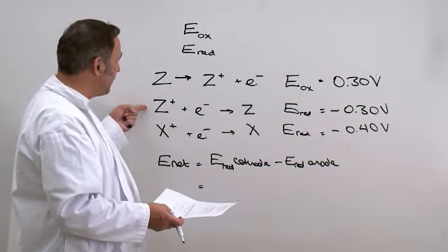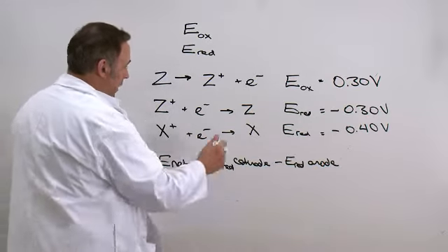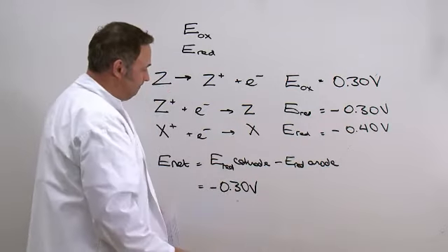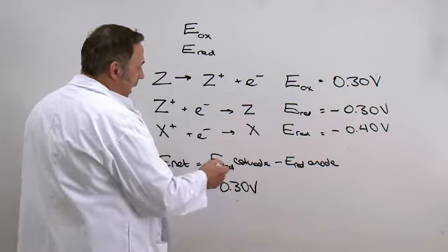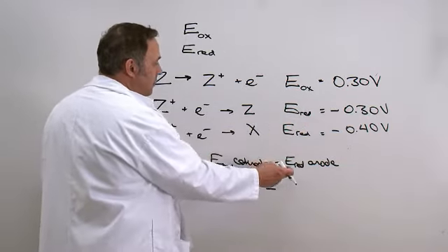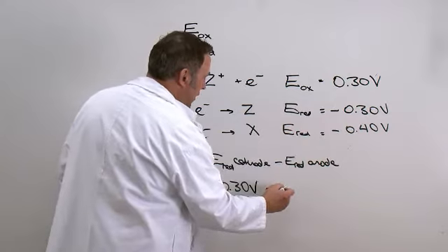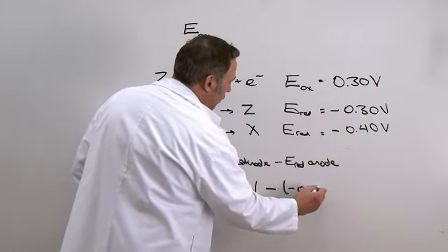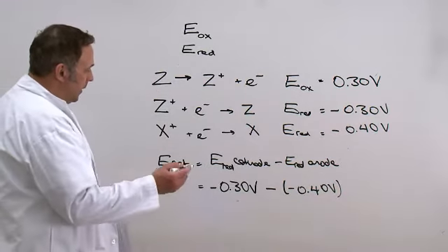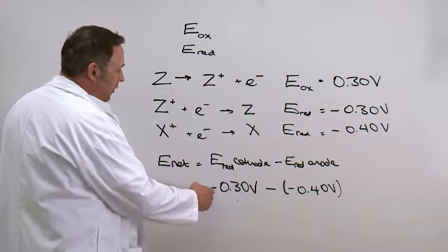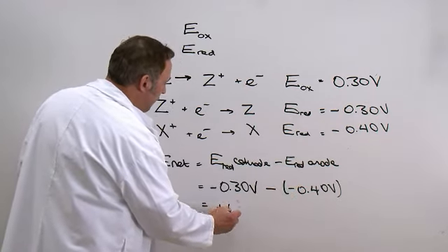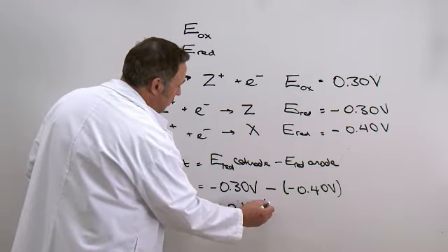The Z plus is the oxidizing agent here, and so it's going to be negative 0.30 volts. And minus my reduction potential for the anode, which is the negative 0.40 volts. And then this becomes negative 0.3 volts plus 0.4 volts, which becomes positive 0.10 volts.